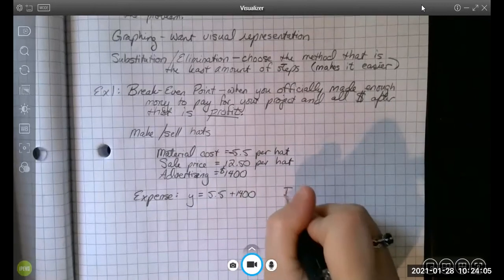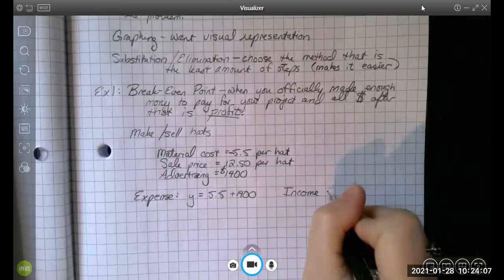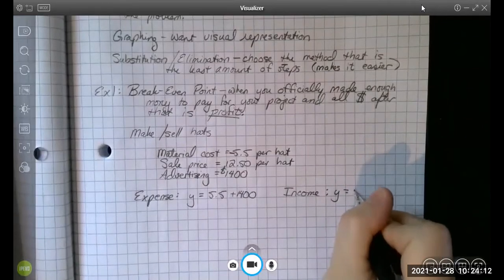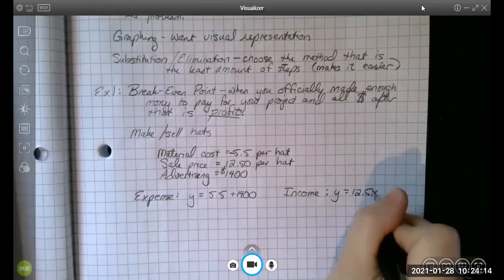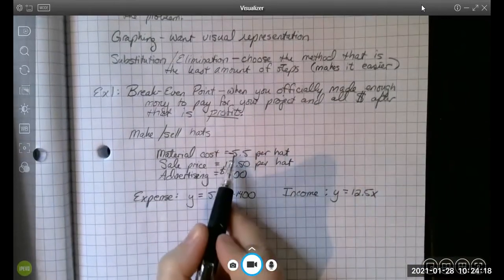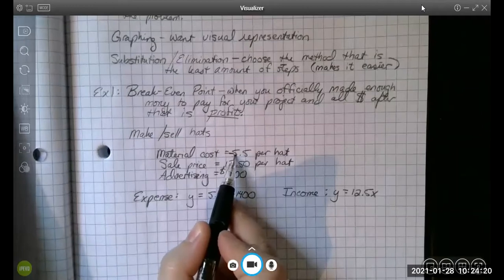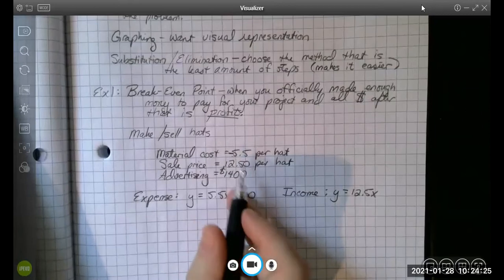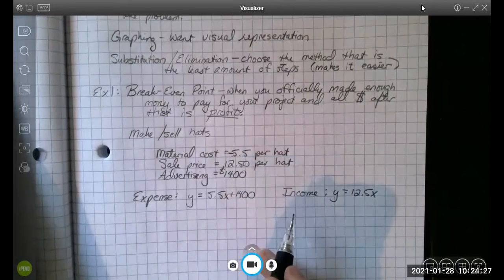And the income, that's how much you're making from it, is Y equals 12.5x. Oh, that should say x there. Now here's the thing. I put a negative here for a reason. It's to remember that this costs us money. Okay, so remember, we're decreasing by that amount.